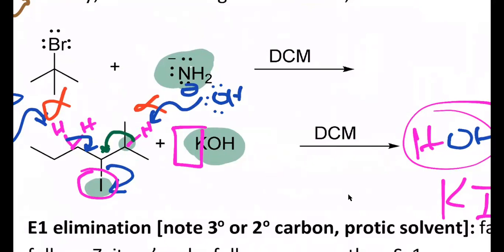Right, and again, it's all simultaneous. The base is doing proton transfer. At the same time, the CH bond is being used to make that double bond, and you're losing the leaving group all at the same time. All right, so it's concerted, just like the SN2.